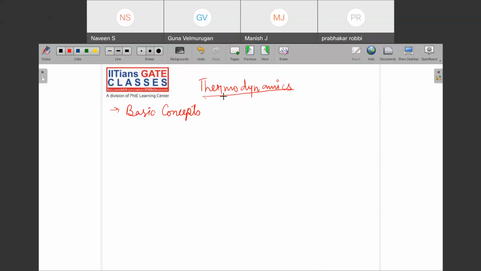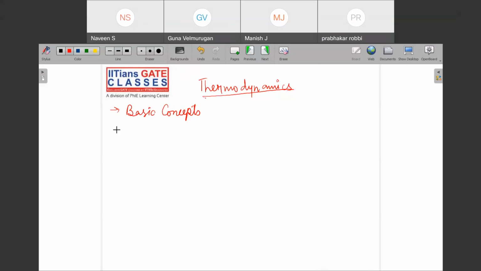There you understand that thermodynamics is the basic thing which gives you the basic concepts to analyze the thermal instruments which we use to convert thermal energy into other forms, right?